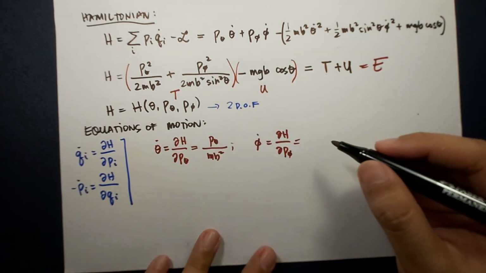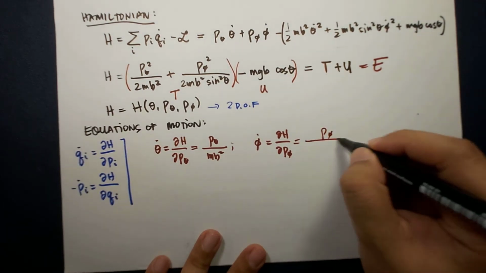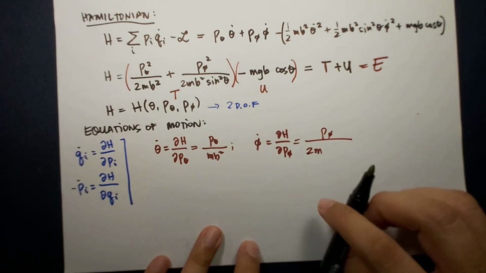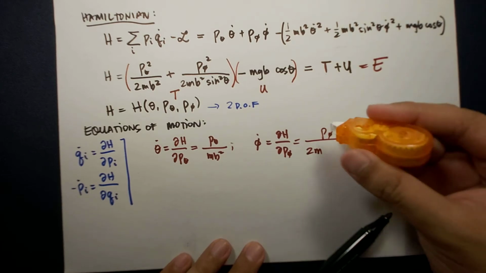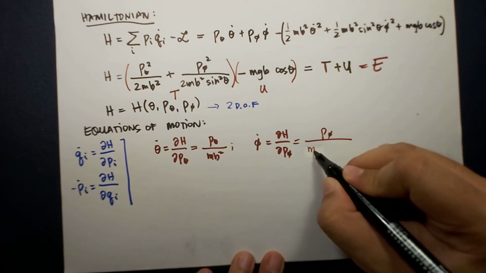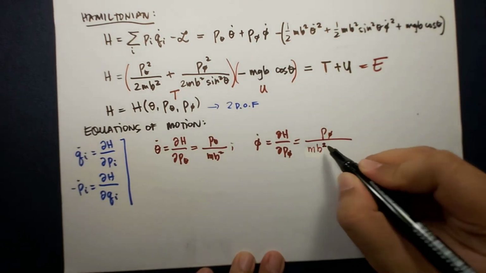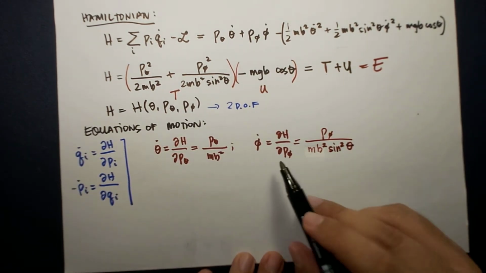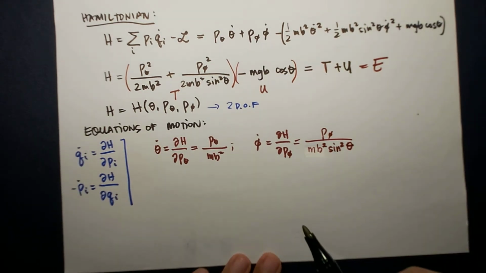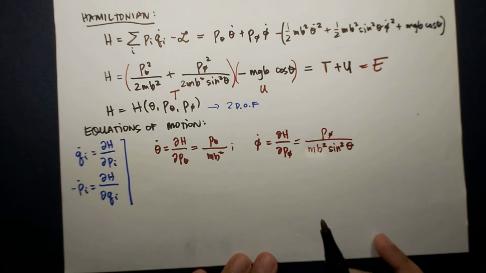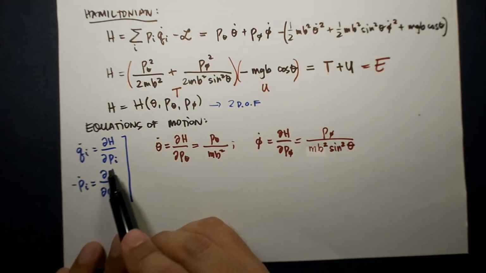So the result is p phi divided by, that should be m only, sorry about that, m b squared sine squared theta, which is also consistent with our computations earlier, your angular momentum along the phi direction. Okay, so let's try this one.